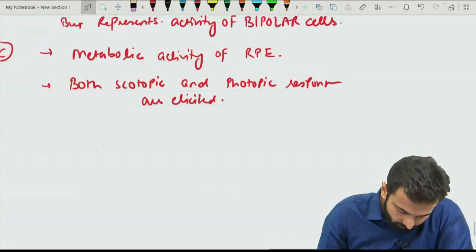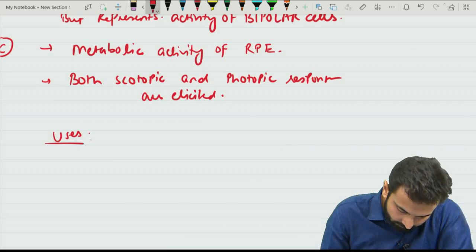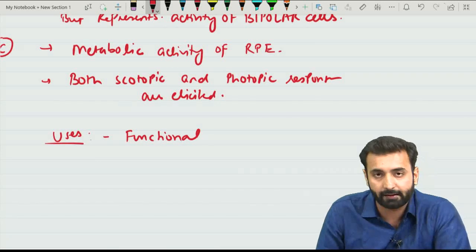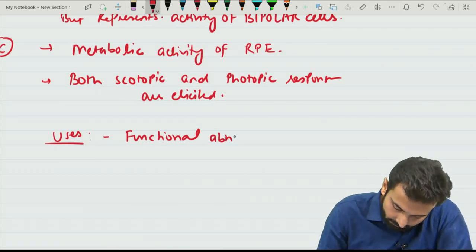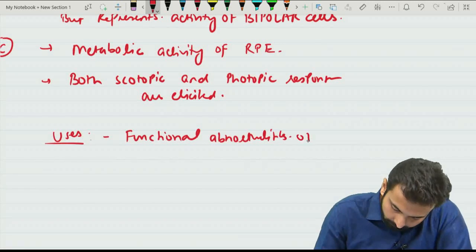Now coming to the uses of ERG, you should keep in mind what the uses of ERG are. It is very useful in detecting the functional abnormalities of outer retina.